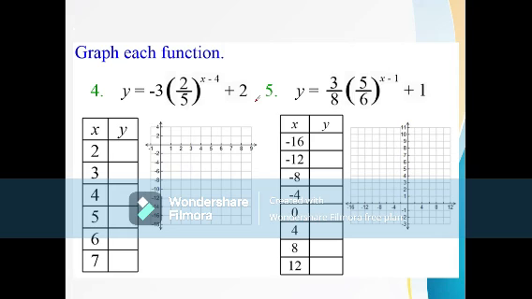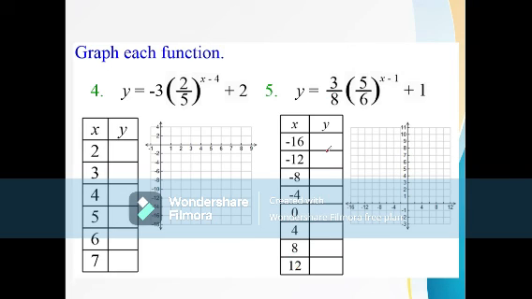The same is true with number 5. Number 5 is y is equal to 3 over 8 times the quantity of 5 over 6 being raised to the power of x minus 1, plus 1. The x values are negative 16, negative 12, negative 8, negative 4, 0, 4, 8, then 12.